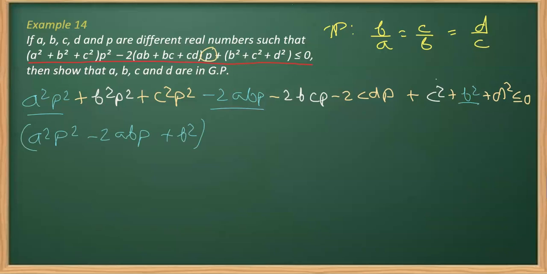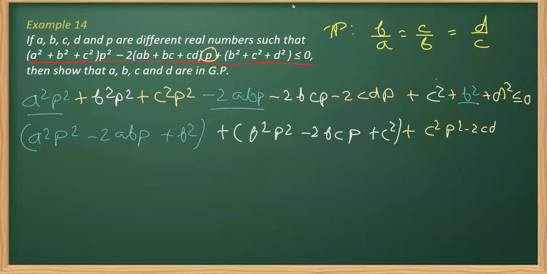Similarly, I'm clubbing B square P square minus 2BCP plus C square, and finally the last one, that is C square P square minus 2CDP plus D square, right? That is less than or equal to 0.